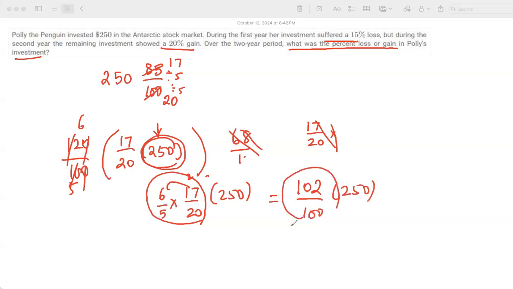So how much percentage loss or gain of that 250? Vidyut, what do you think here? Oh, I had to do one more step. Makes sense. But what happened to that 250? How much gain or loss? 102% means what? We have to get 100. 102% of it became 102% of 250, right?